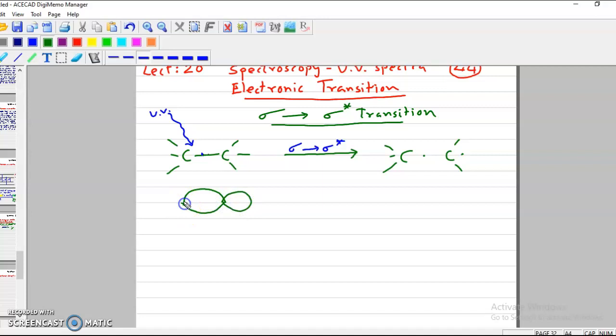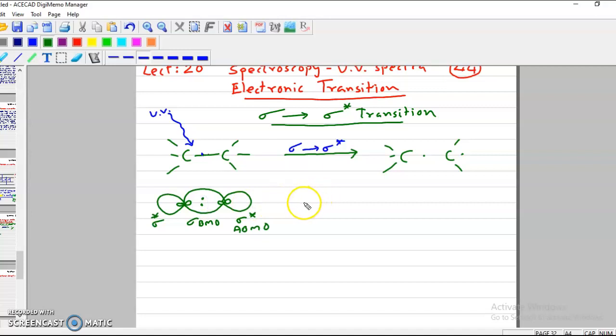These are sigma BMO and sigma ABMO orbitals of carbon. This is the sigma BMO orbital, and left and right are sigma star ABMO orbitals of carbon. Now, as there is a single bond between the two atoms, the carbon has two electrons in the sigma bond like this.